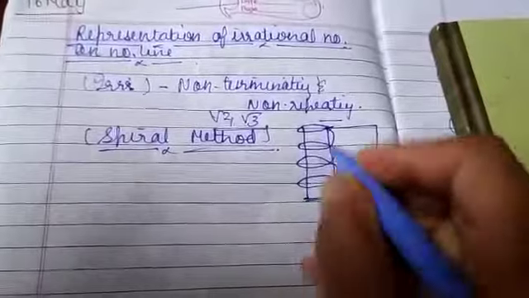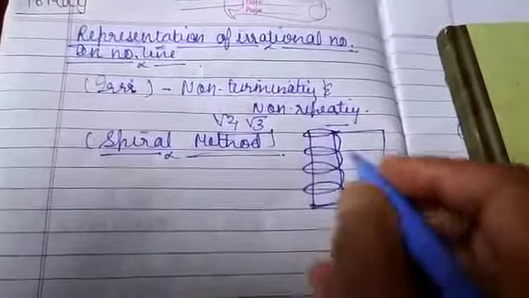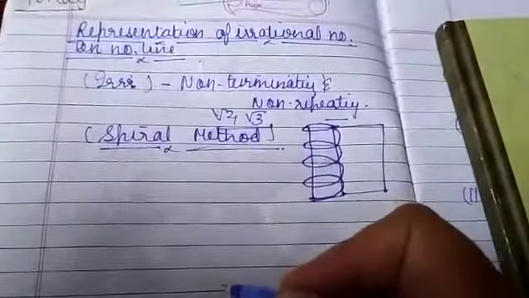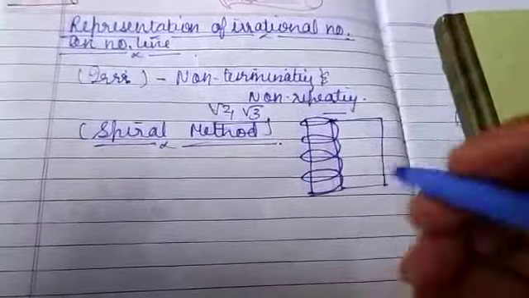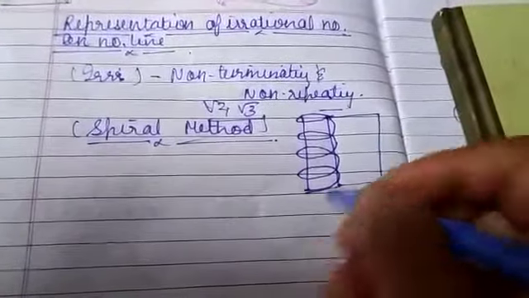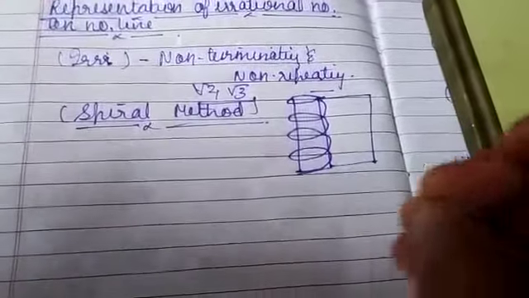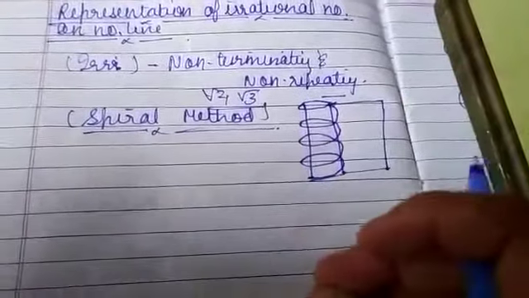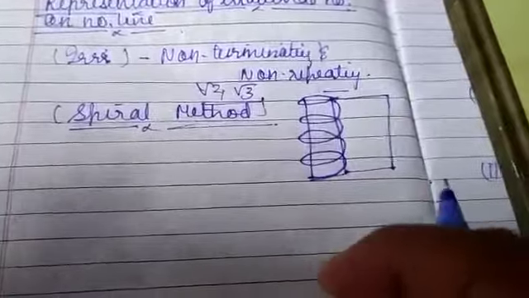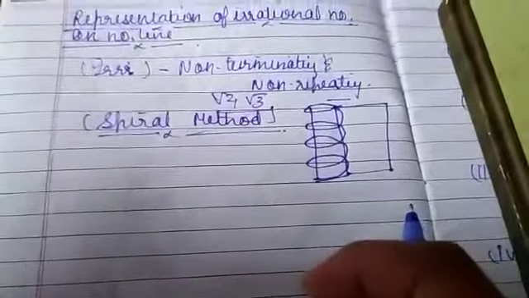So this type of binding is called spiral binding. The spiral method works the same way: it starts from one point and each step is totally based upon the previous one for its construction. It is not an independent one. Correct? I hope the spiral method is clear.